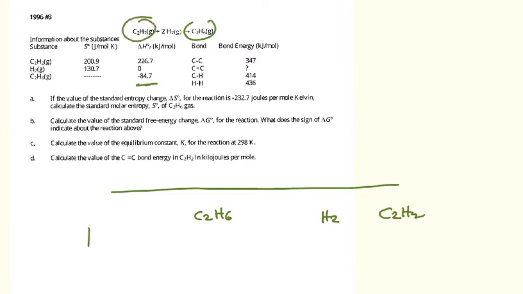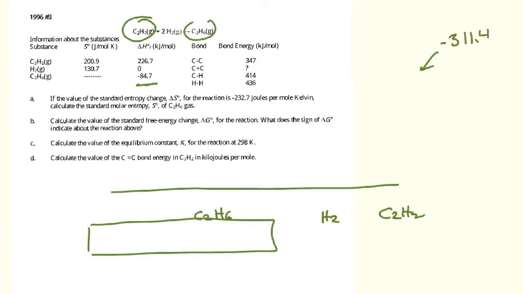When we calculate it out, we get delta H of negative 311.4 kilojoules. At this point we can calculate the delta G, which turns out to be negative 242.1 kilojoules. So that's the final answer.